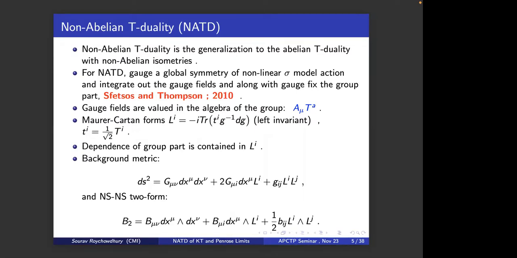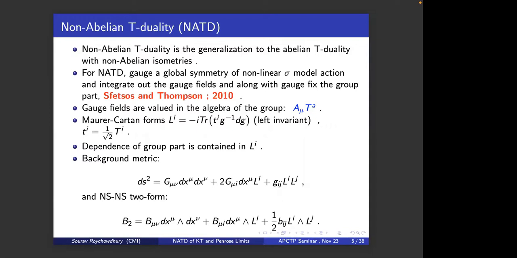We introduce the gauge fields, consider the sigma model action, then integrate out the gauge field and gauge fix the group part. We end up with the Tdual model. This was the broad line of work by Buscher. Non-abelian T-duality goes along the same line as its abelian counterpart.